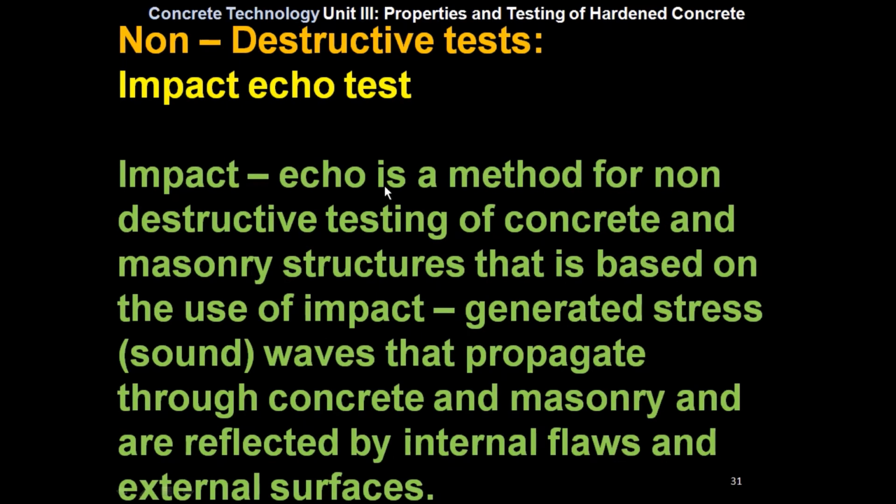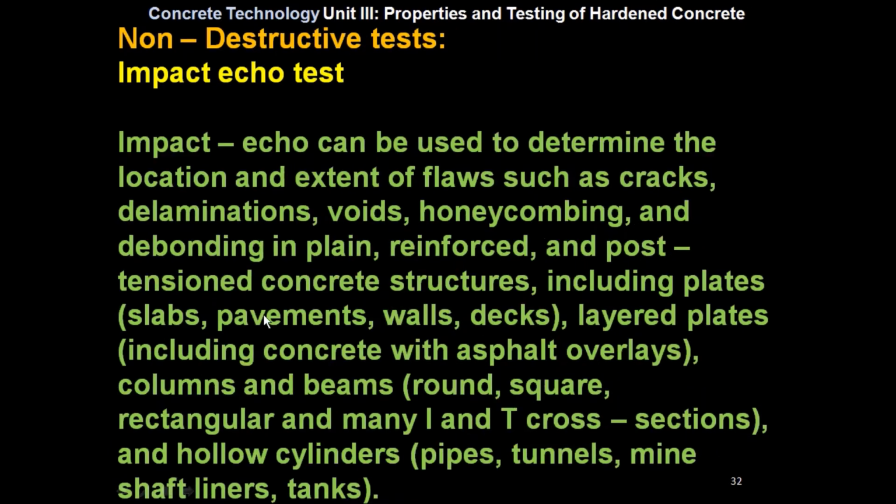Impact echo is a method for non-destructive testing of concrete and masonry structures that is based on the use of impact-generated stress, that is, sound waves that propagate through concrete and masonry and are reflected by internal flaws and external surfaces.